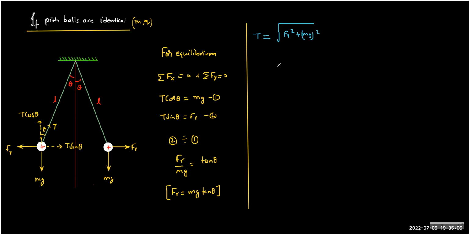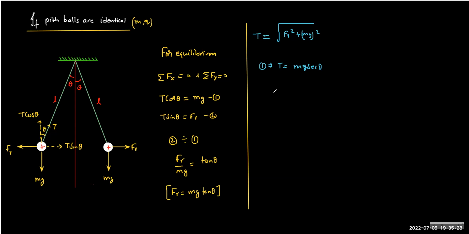And even this is not required. You can simply say from equation 1, the tension is mg sec theta, right? Of course, you can express it in the way you want, or mg by cos theta, and so on.